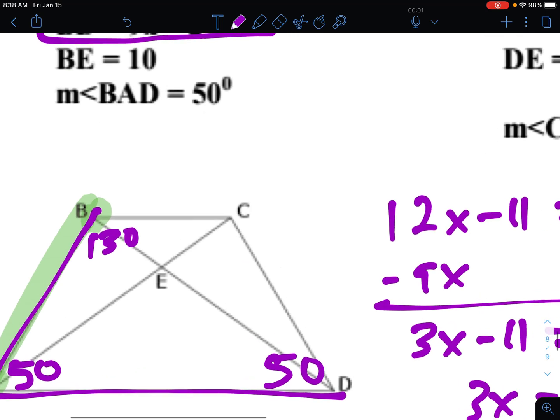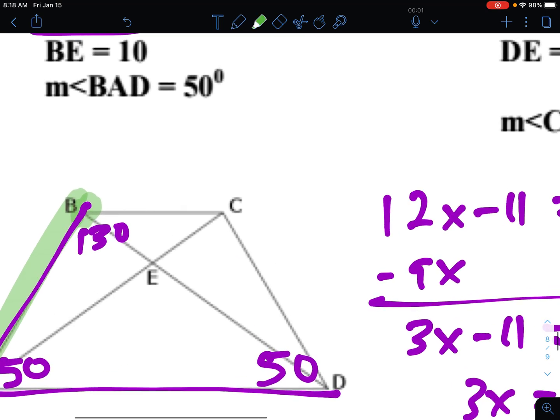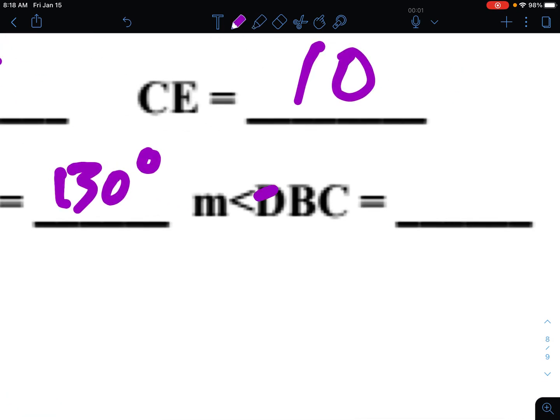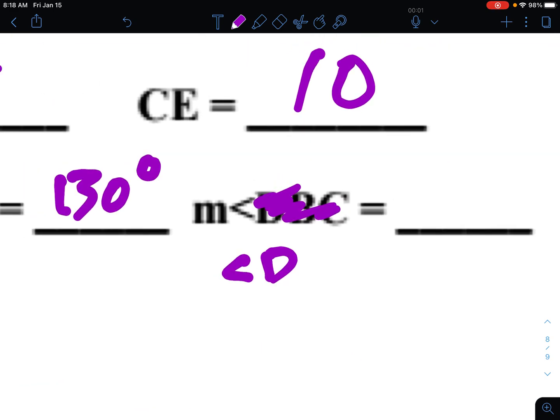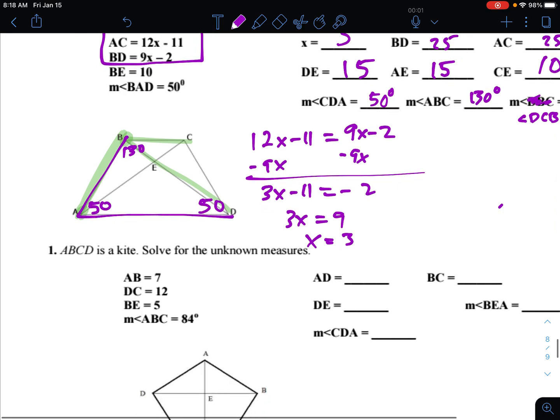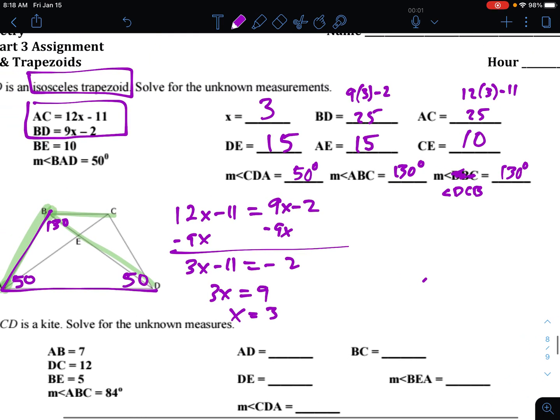Oh, I think that's a misprint here. It should be the measure of DCB, which would also be 130 degrees. Okay, so that's our isosceles trapezoid. Goes pretty quick.